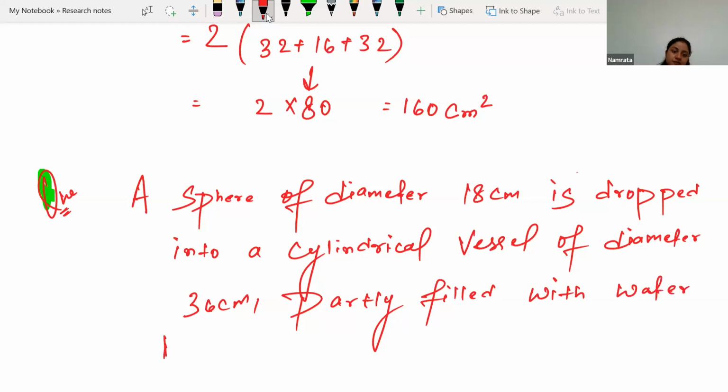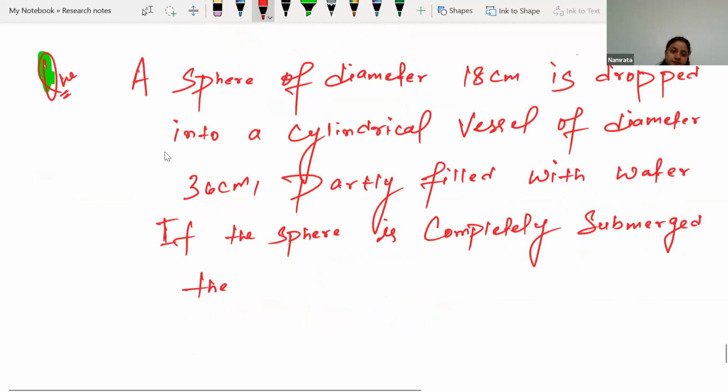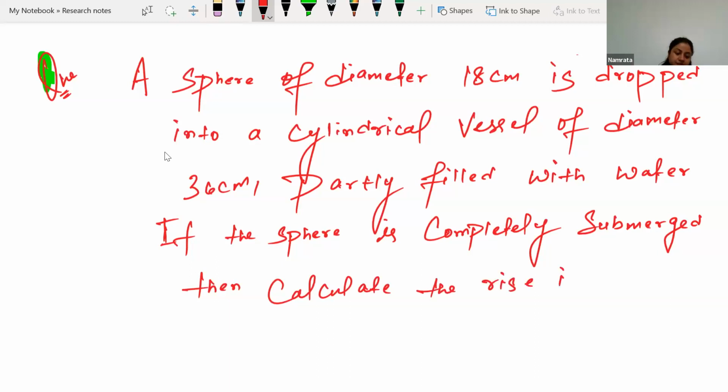If the sphere is completely submerged, then calculate the rise in level of water.